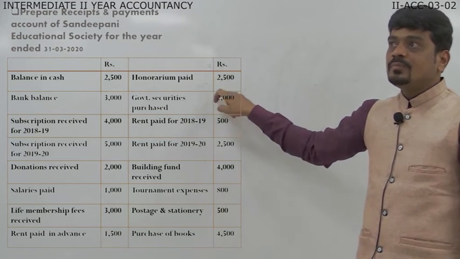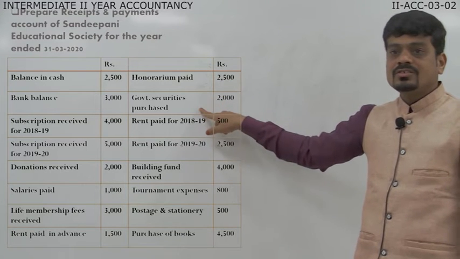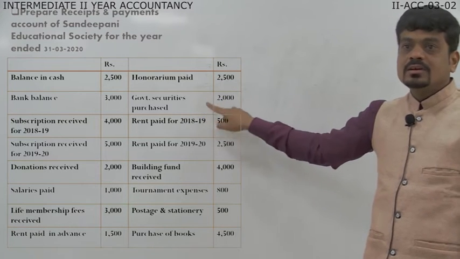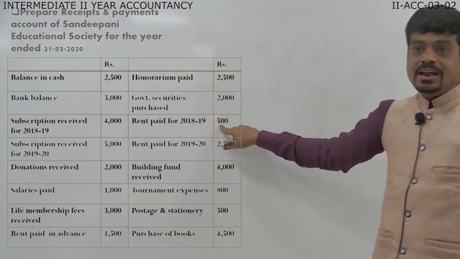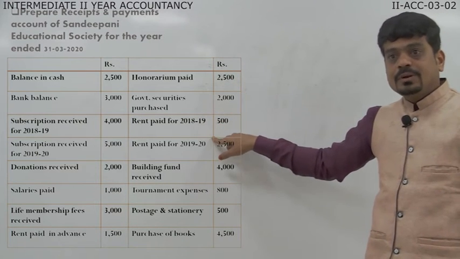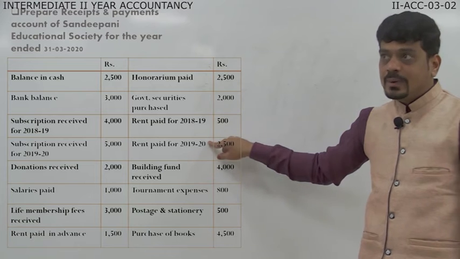Transactions, if you see, they gave you the balance of cash, bank balance, subscription received for 18 and 19, and again subscription received for 19 and 20.